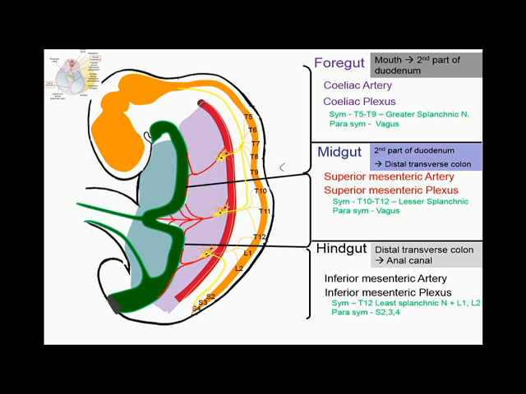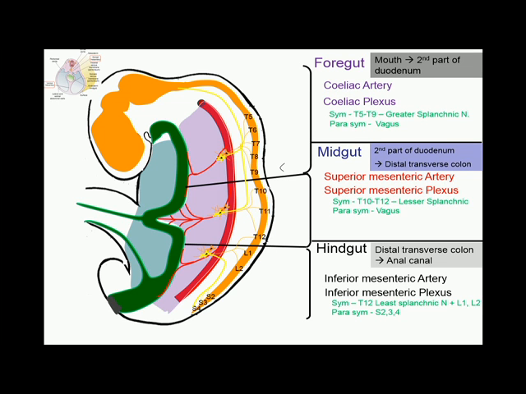So the intestinal glands or the smooth muscles responsible for peristalsis of the descending colon and downwards are not supplied by the vagus. So the vagus only supplies up to the midgut. Okay. So that's the general innervation.